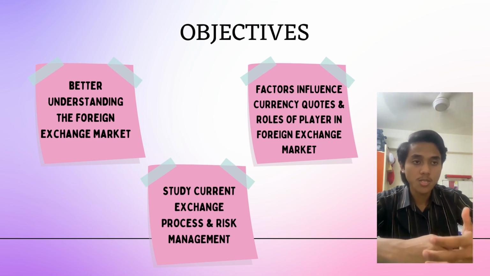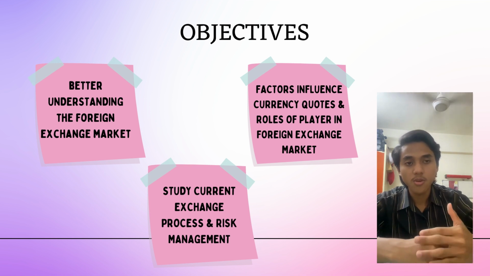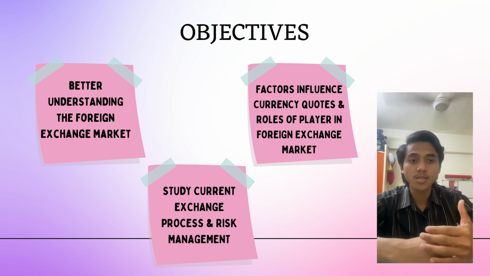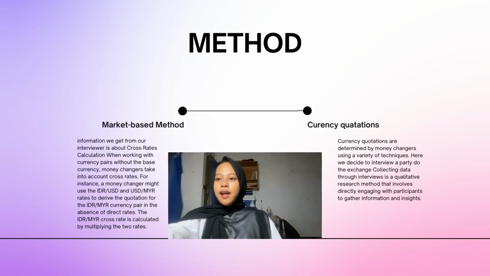Additionally, studying the currency exchange process enlightens us about transaction processes, including fees and spreads charged by money changers. Lastly, exploring risk management techniques like hedging and forward contracts allows us to evaluate ways to minimize losses from currency fluctuation. This assignment enhances our understanding of currency markets, exchange procedures, and risk management strategies.